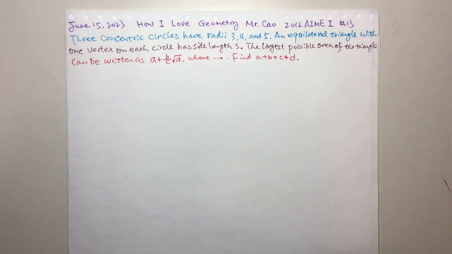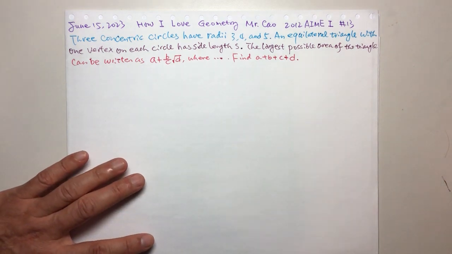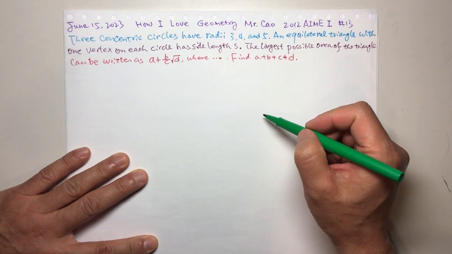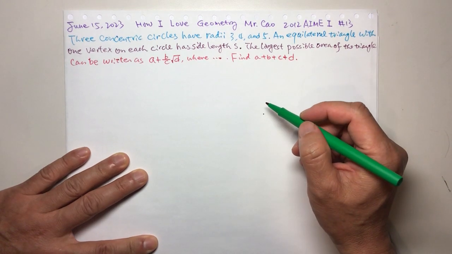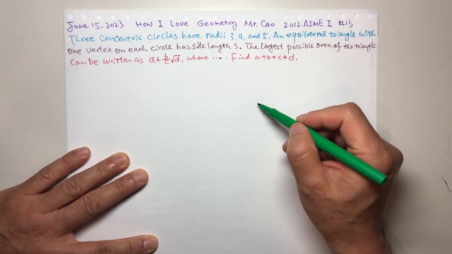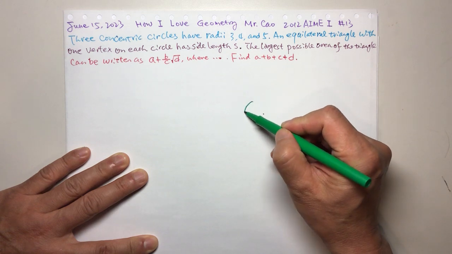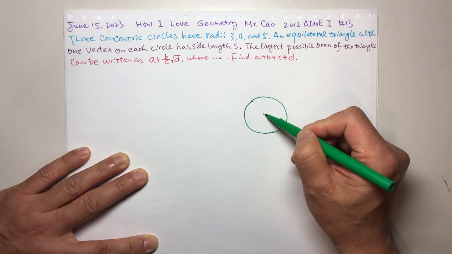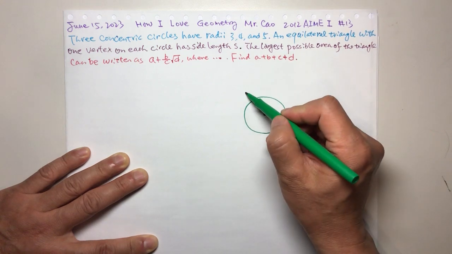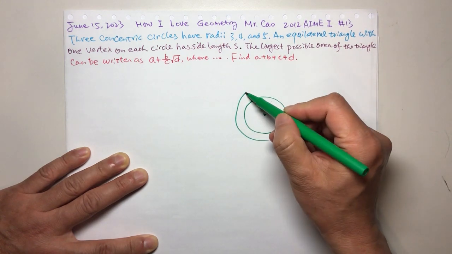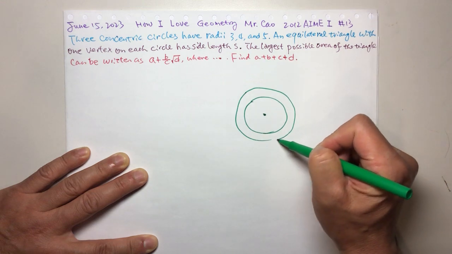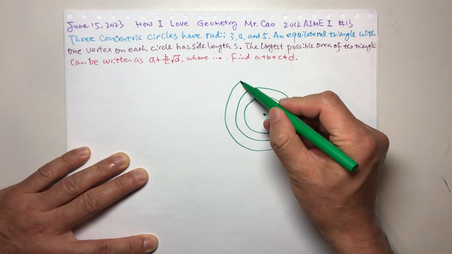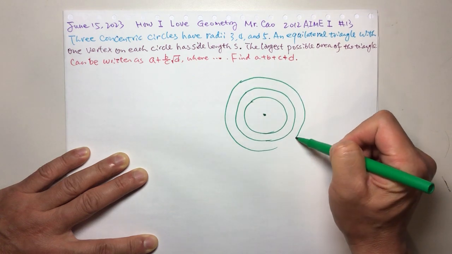Okay, I will draw a scratch graph. So all of them, three concentric circles.